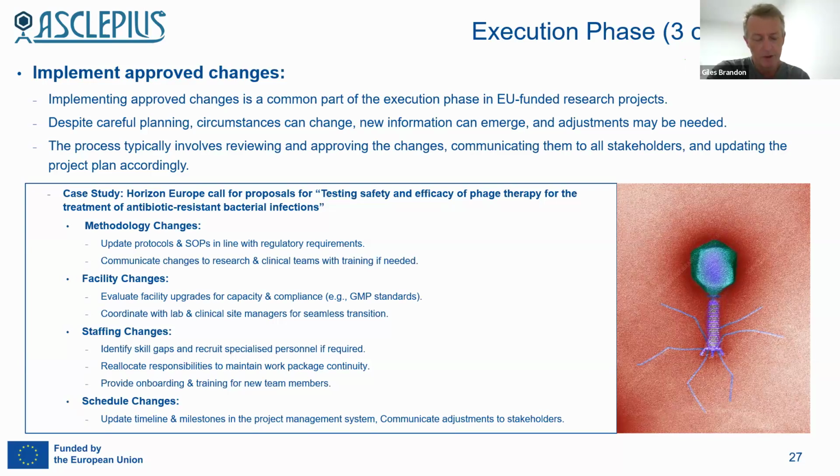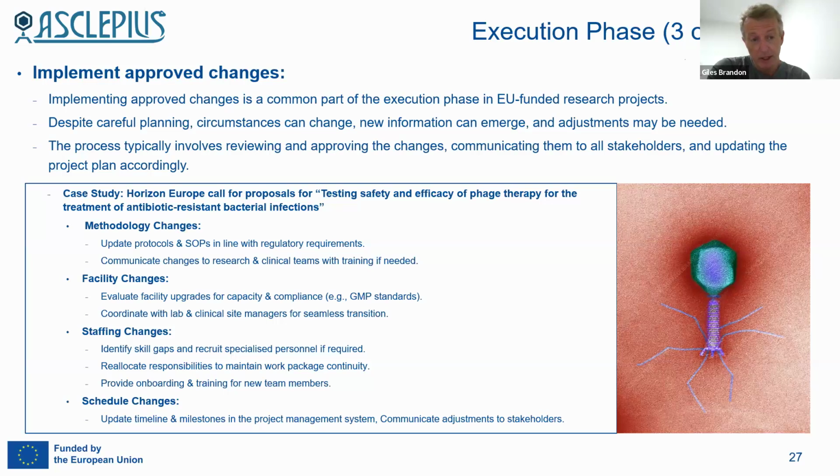Now, if we're thinking about our case study for this Horizon Europe project, what might be the changes that occur or need to be formally approved during the running of the project? We can identify several different categories. Firstly, methodology changes. There may need to be updates to protocols and SOPs in line with regulatory requirements.